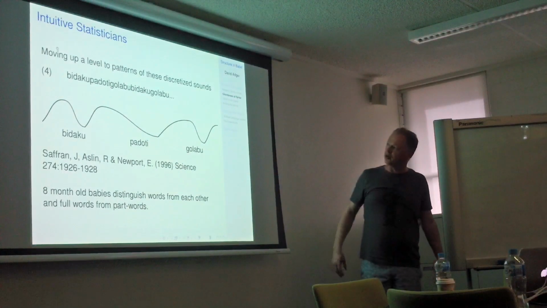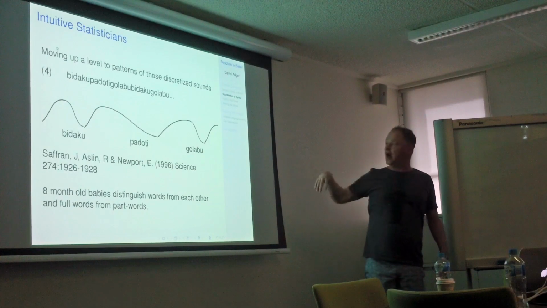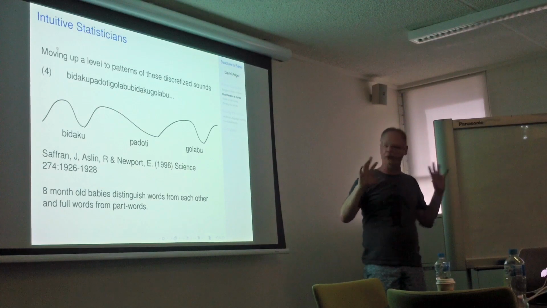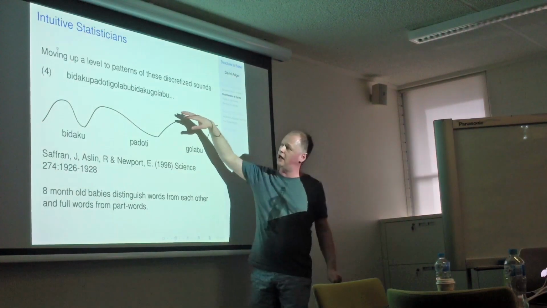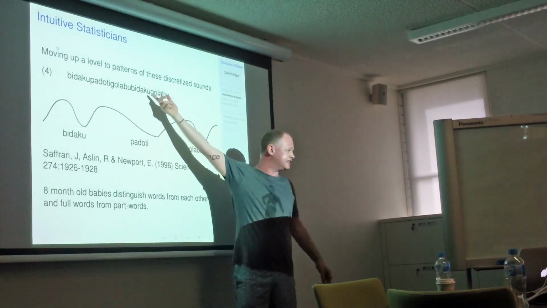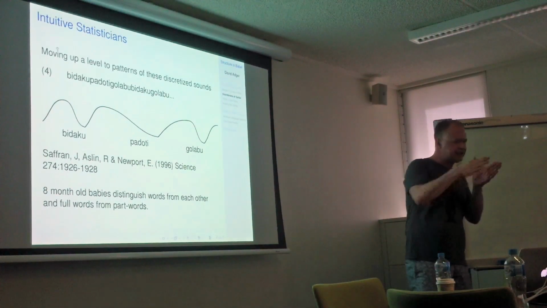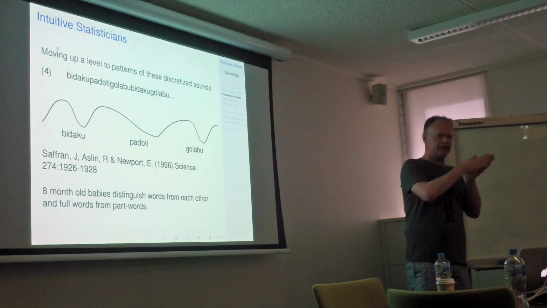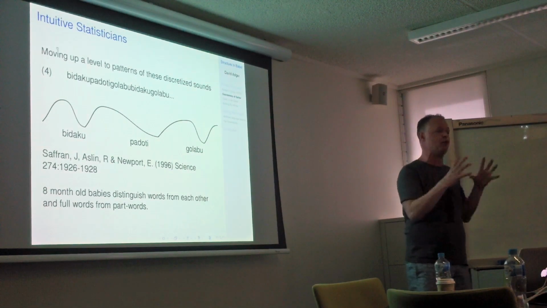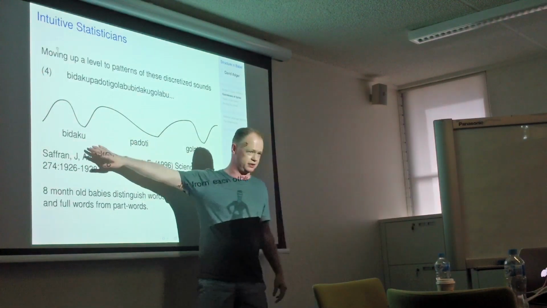So, bi, da, ku, pa, do, ti, go, la, bu, ba, etc. That's how they kind of sound. And what they could show, by certain kinds of surprisal effect that we won't go into here, is that the kids are able to pick up sequences that pop up out of that continuous stream. So it's a continuous stream, there are no breaks, it's just these various syllables, and at some point the kids go, ah, that's a unit, right? So they go, bi, da, ku is a unit.